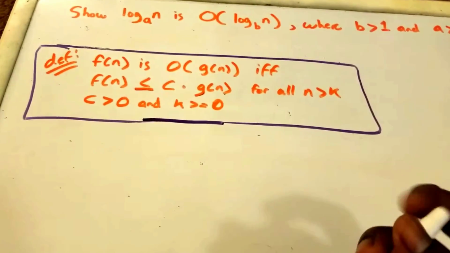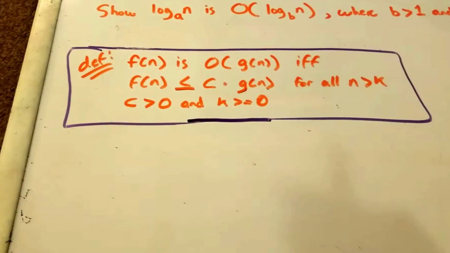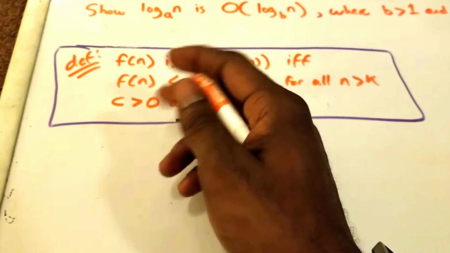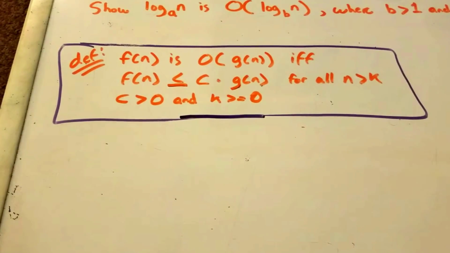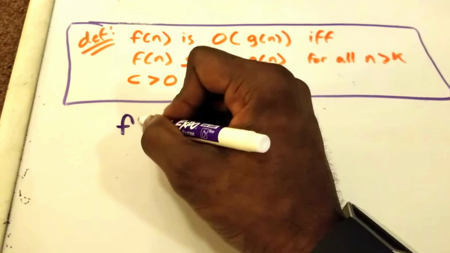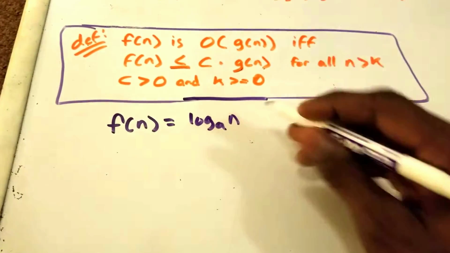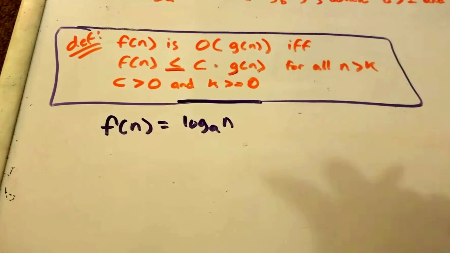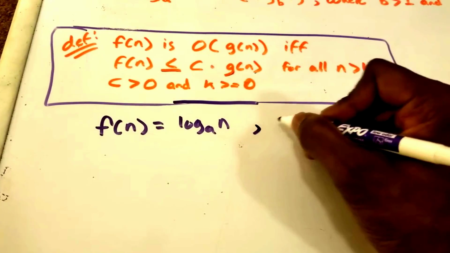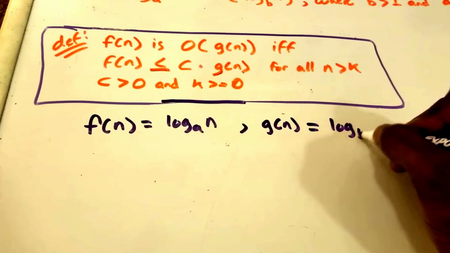All right. So using this definition here, we're going to rewrite the equation. So let me rewrite that in purple here. So we get our f of n value is equal to log base a of n, and our g of n value is equal to log base b of n.